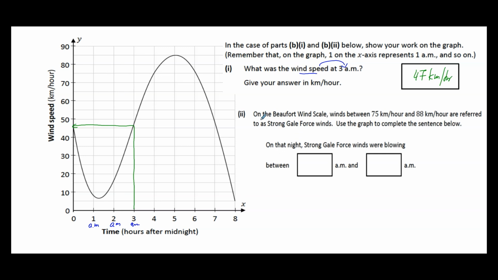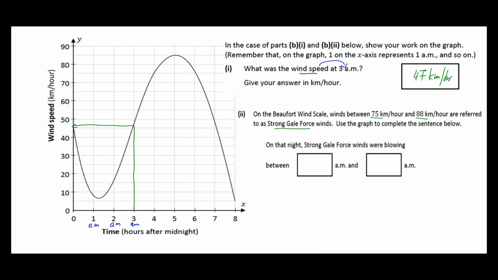On the second part, on the Beaufort wind scale, winds between 75 and 88 are referred to as a strong gale force wind. So they are telling us the definition of a strong gale force. That is when the wind is between 75 and 88.